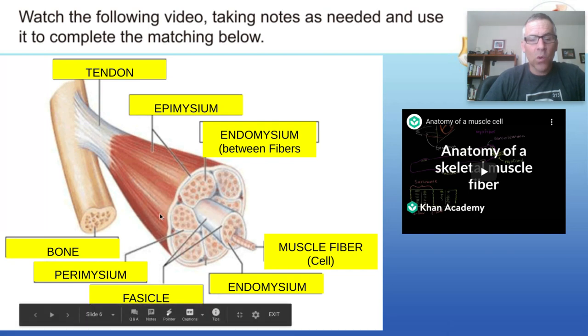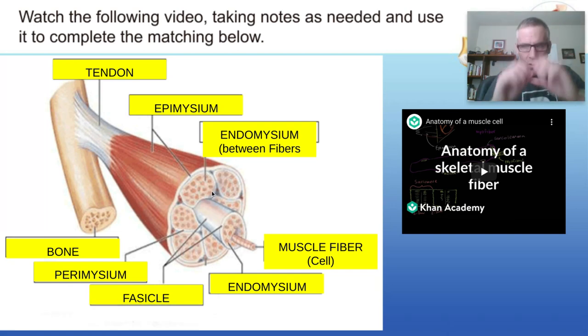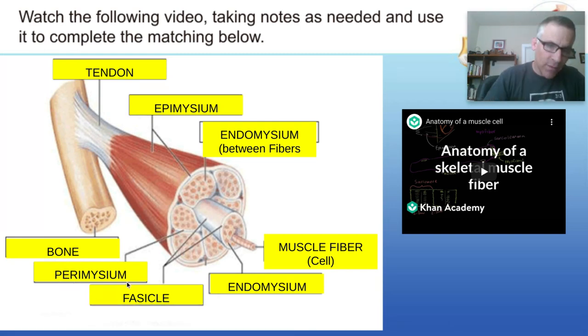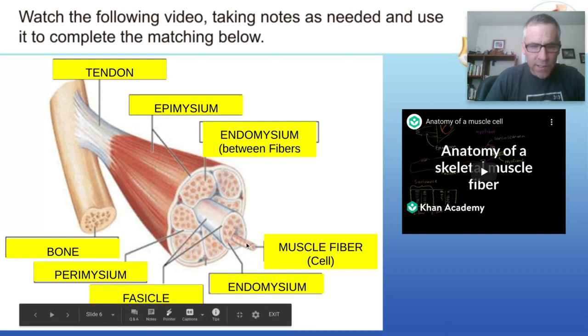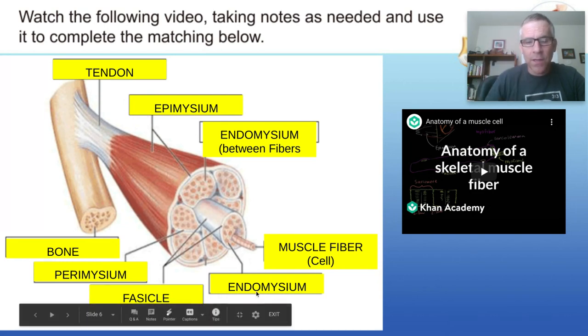Working our way inwards, we can see there's a grouping of muscle fibers. That circle we see there is surrounded by connective tissue called perimysium. If we zoom in even further to one specific muscle fiber that they've teased out for us, now we're getting down to the cellular level, and that's surrounded by connective tissue called endomysium.